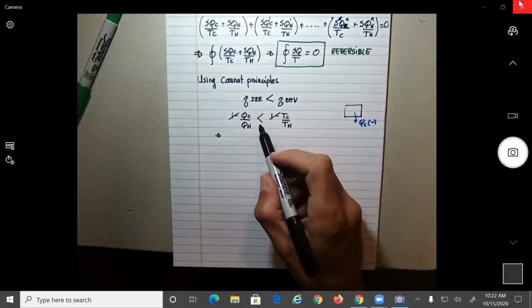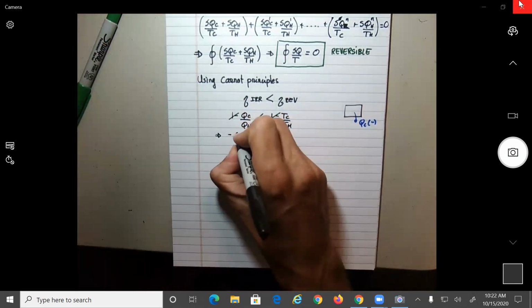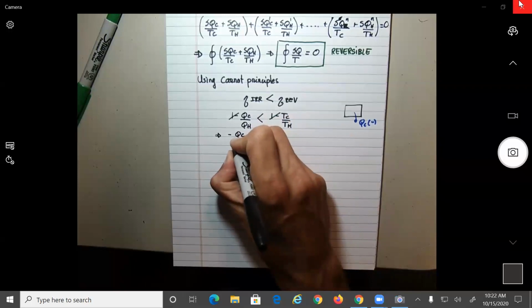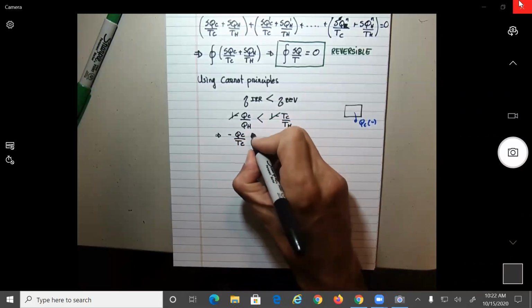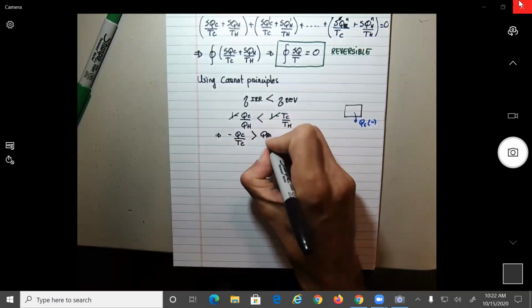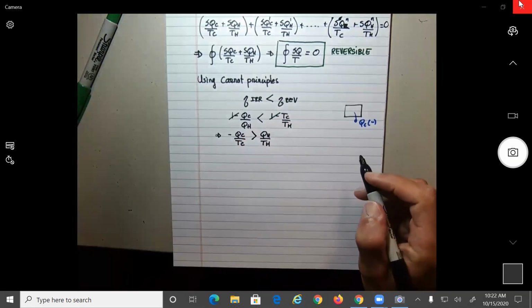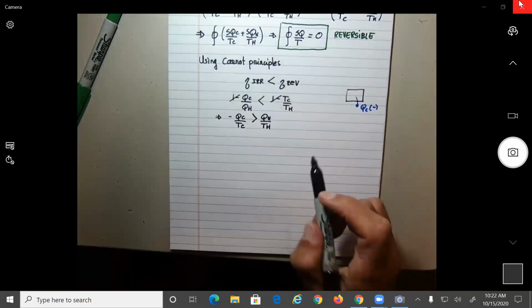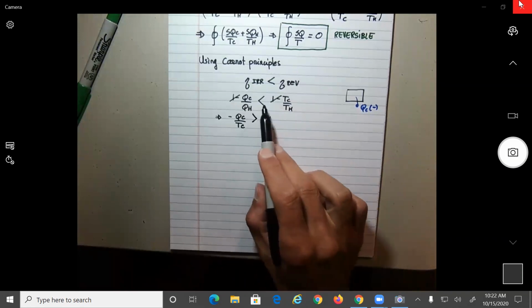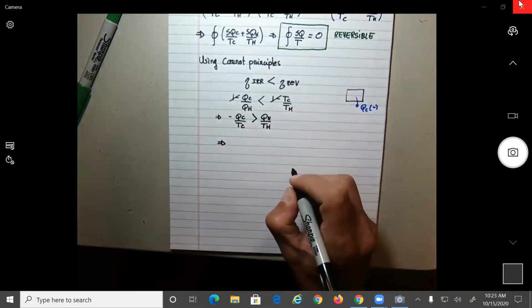All right? So this will give you that minus Q sub C over Tc will be larger than Q hot over T hot. Basically, the derivation is not important, but when you put the minus sign, you change the order of the inequality. Okay? So this will give you what now? That.